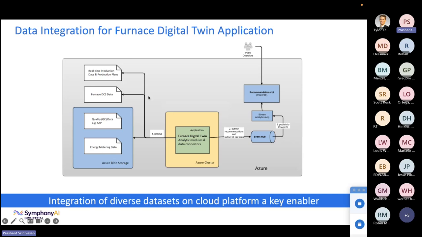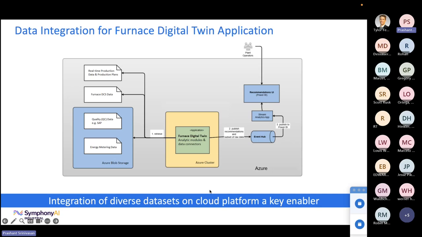So all these different data sources were then integrated, and there was a live data pipeline created, and then there was a furnace digital twin application running on the Microsoft Azure cloud, and this was able to predict the temperatures and also give optimized advisories, which were then passed on to the user interface so that it could be consumed by the end users.